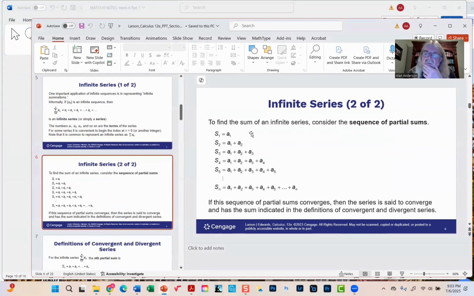Now, when we only add up a finite number of terms, then we call those partial sums. All right, so the first term, the first two, the first three, et cetera, et cetera. If this sequence here that we're creating converges, then the series itself has to converge, and it has the sum indicated here.